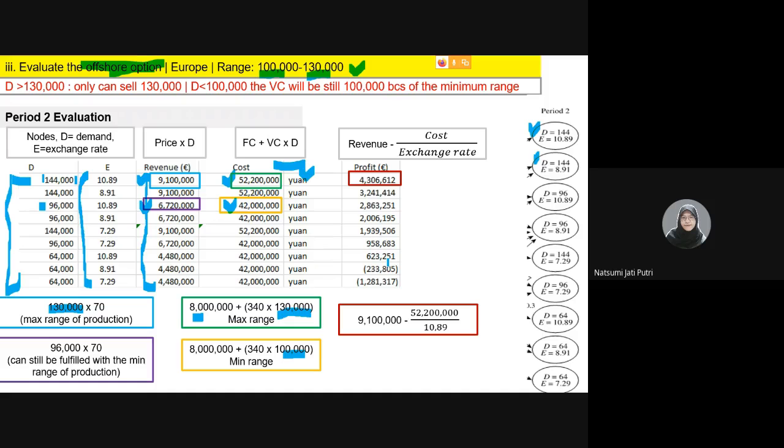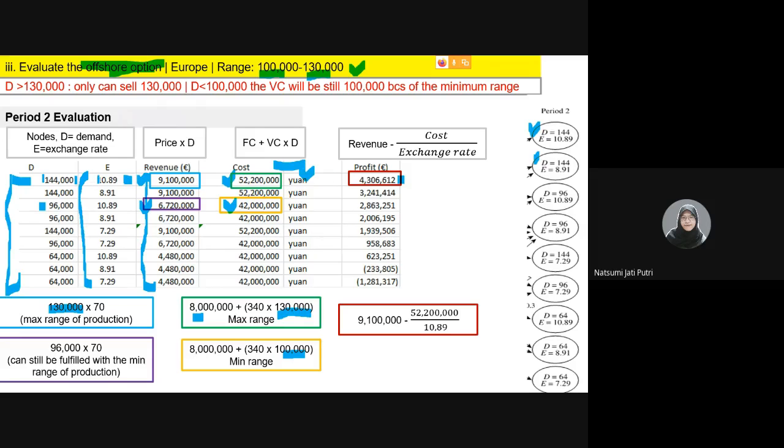And then for the profit, we get it from the revenue. Our revenue is already in euro, minus the cost divided by the exchange rate. For example, for this number, it is 9,100,000 euro minus 52,200,000 yuan divided by the exchange rate.